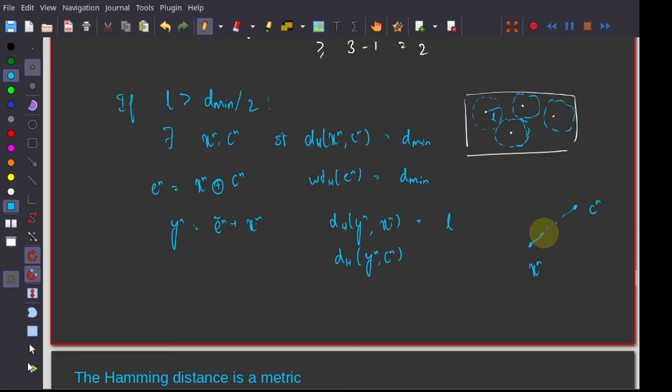So I choose an error vector which takes me just beyond the midpoint, because I'm allowed to make more than d min by 2 errors. If I pick an error vector along this direction, then a minimum distance decoder will output cn when the actual transmitted codeword is xn. So how many errors can you correct? It should be strictly less than d min by 2.